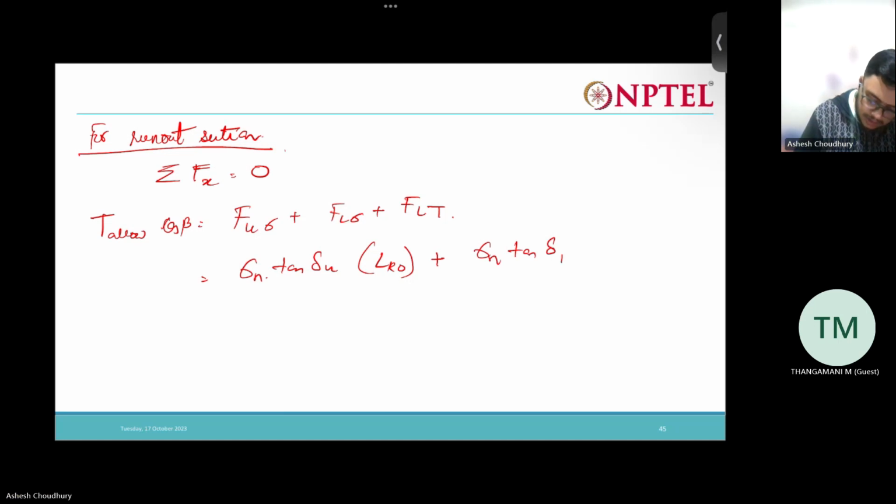Lower runout plus this L T is due to the vertical component of the tensile force.